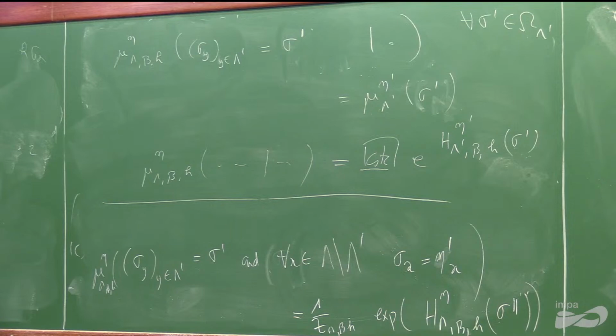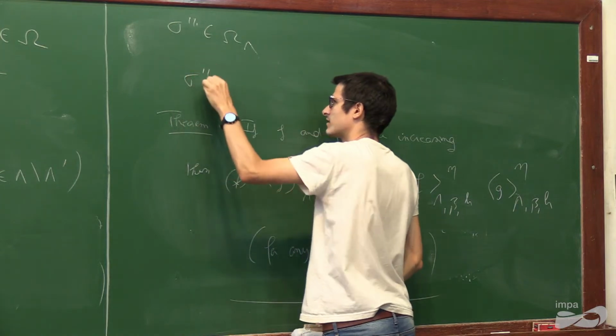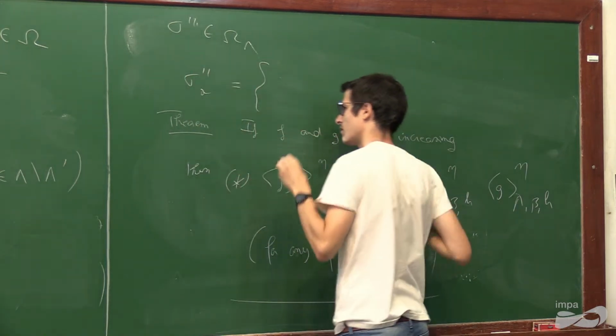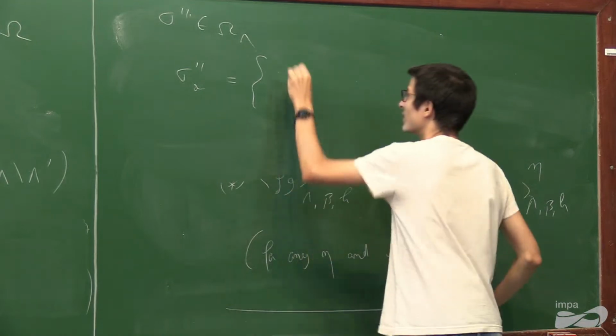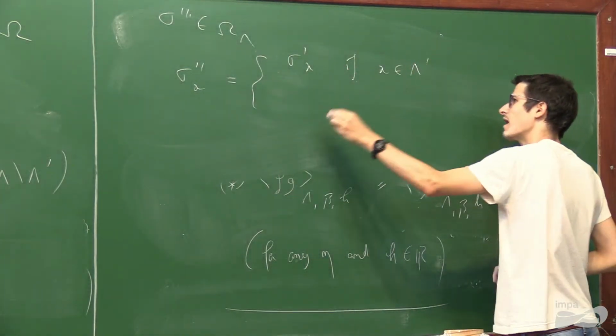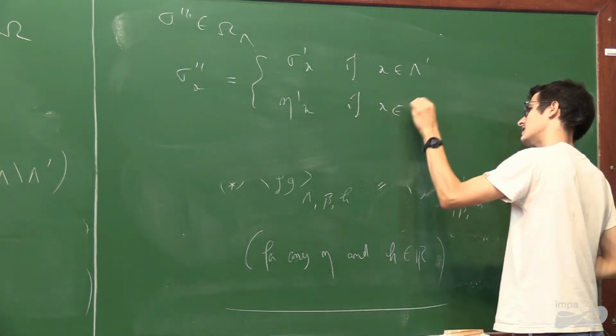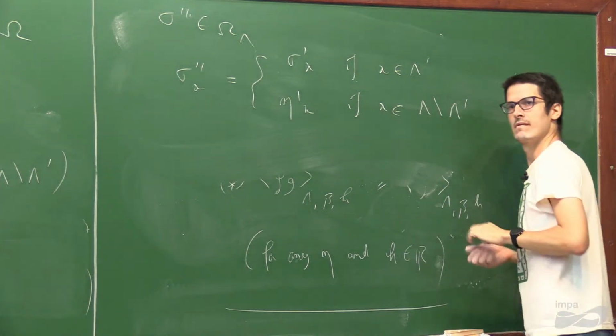Sigma second is some element of omega lambda, and sigma second of x is equal to sigma prime of x if x is in lambda prime, and equal to eta prime of x if x is in lambda minus lambda prime.